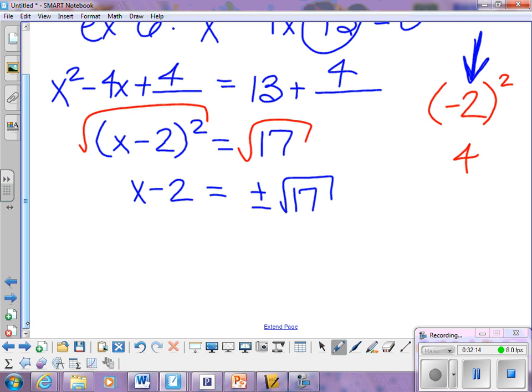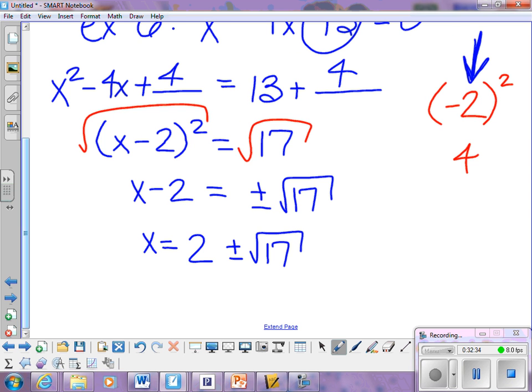Okay. How do I get rid of that 2? Add 2. So I get x equals positive 2 because I added it, plus or minus the square root of 17. Guess what? That's a number, isn't it? Right? So you leave it like that. I don't want a decimal that goes on forever.